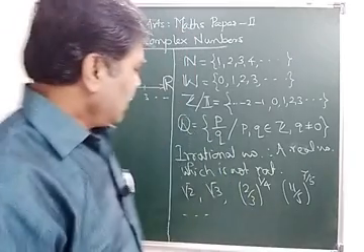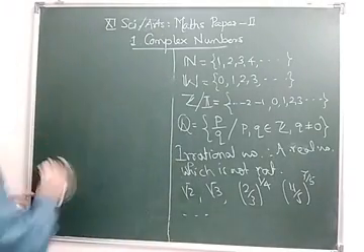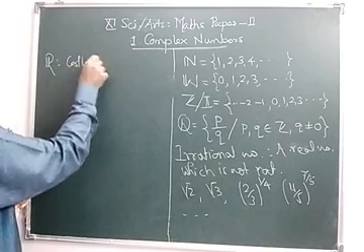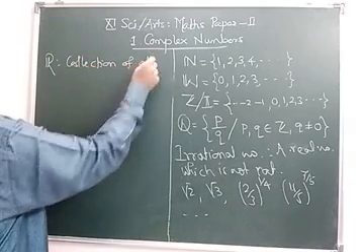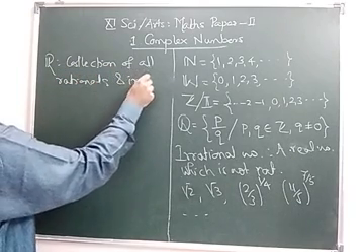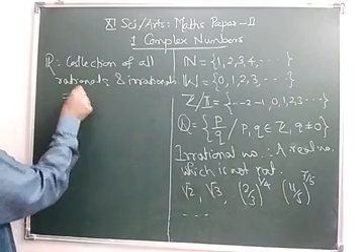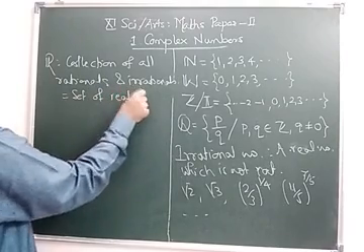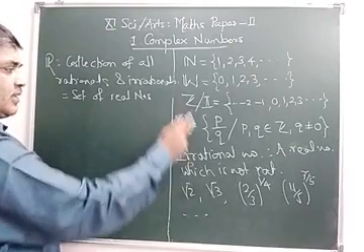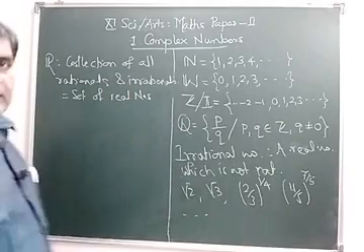The collection of all rationals and irrationals is known as the set of real numbers. So what is this set? This is the natural number set, this is the whole number set, this is the integer set, this is the rational number set. R is the union of the set of rationals and irrational numbers.